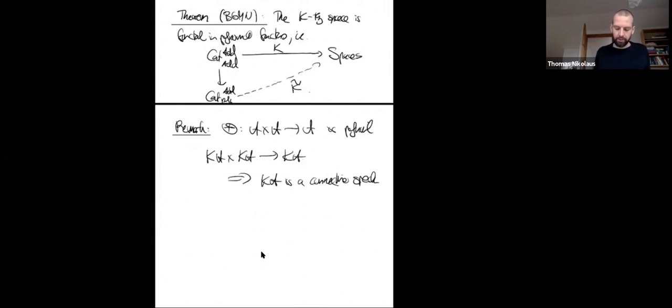But of course, you recover more. If, for example, R is commutative, we also have this functor tensor R from Proj R to Proj R, and this then actually gives us that K(R) is an E-infinity ring spectrum.